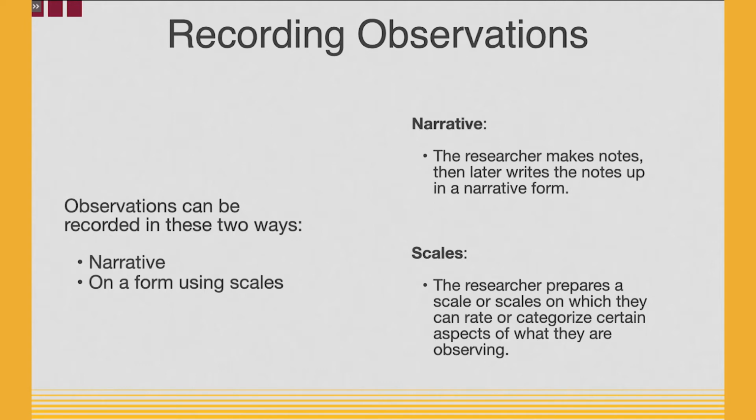So the researcher in that case prepares that scale or scales on a form that they can rate in different categories and certain aspects of those categories of what they're seeing. The problem with that one is that it's very prescribed and there's not a lot of detail taken down unless the researcher also jots down notes while they're checking off boxes on their forms.